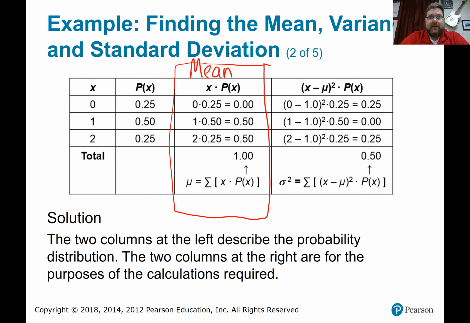See how they're doing that? You have 0 times 0.25 is 0. 1 times 0.50 is 0.5. 2 times 0.25 gives us 0.5. And when we add all those up, we get 1. So the mean value of this probability distribution is going to be 1.